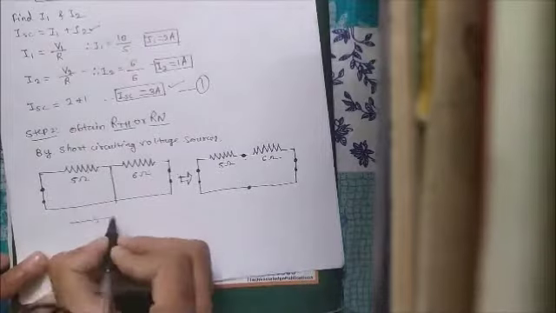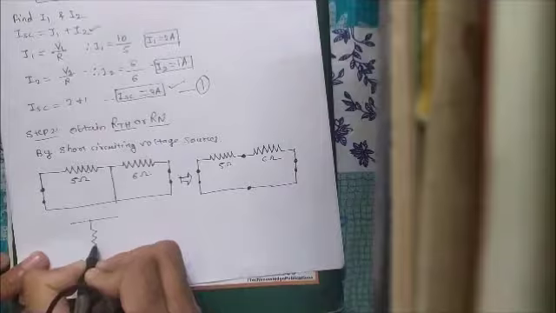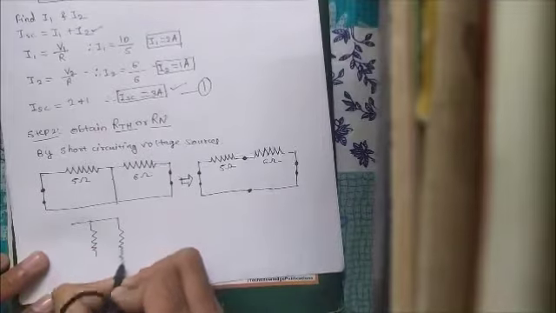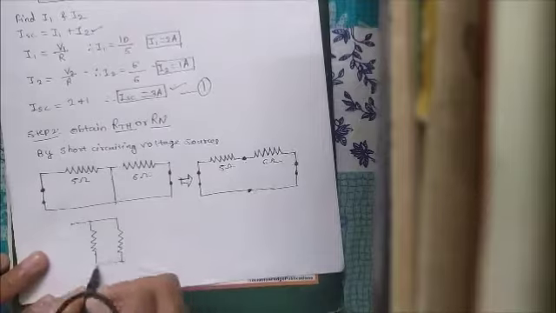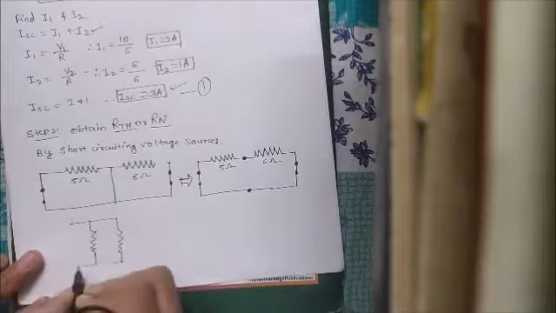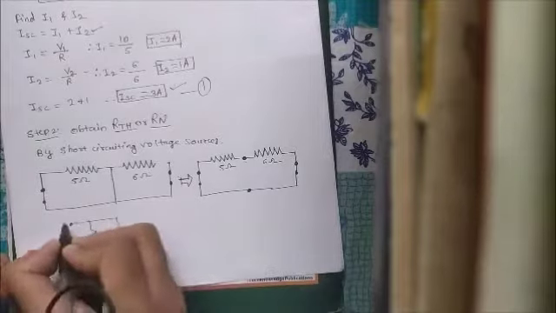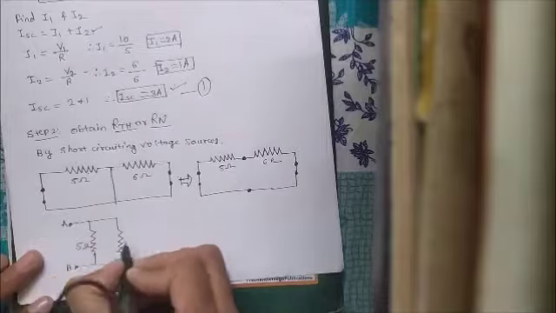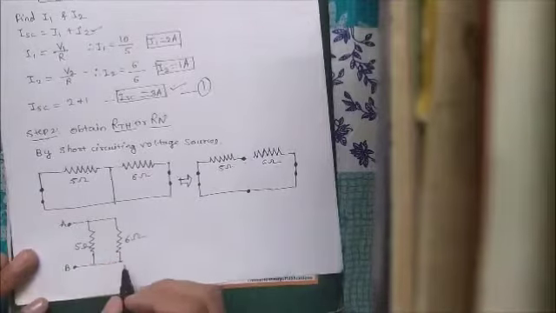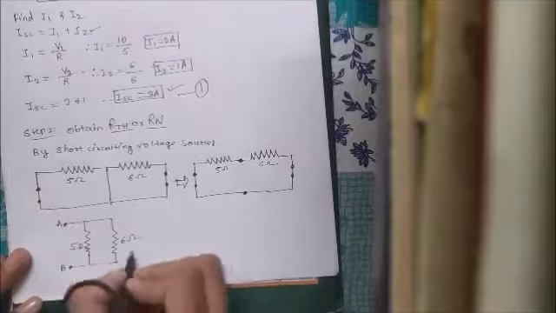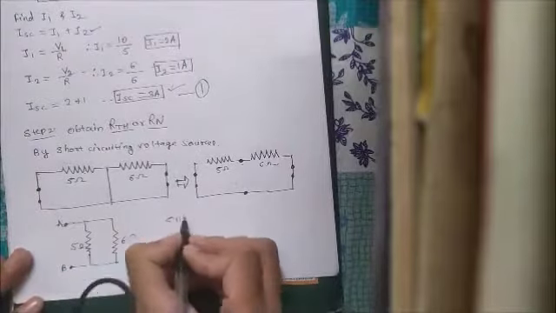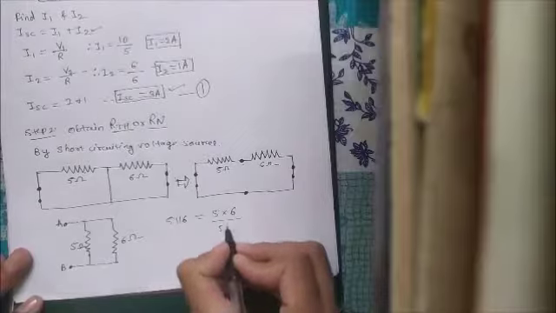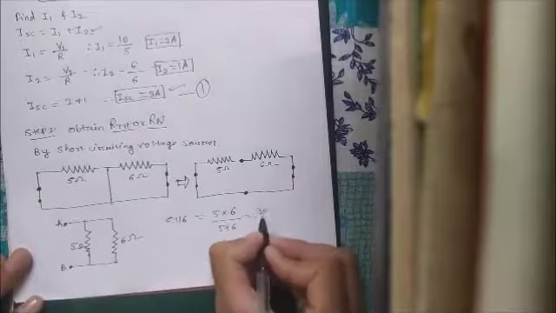So this is your terminal AB, this is your 5 ohm resistance, and this is your 6 ohm resistance, and we are going to solve the parallel combination. So 5 parallel 6 equals 5 into 6 divided by 5 plus 6, which is 30 divided by 11.